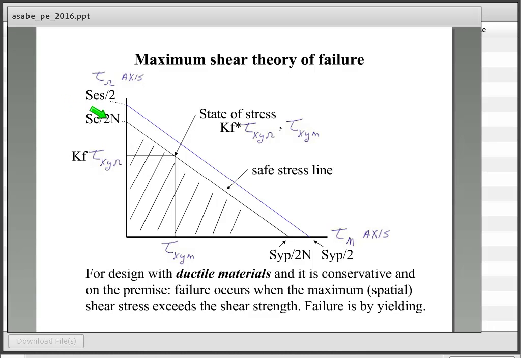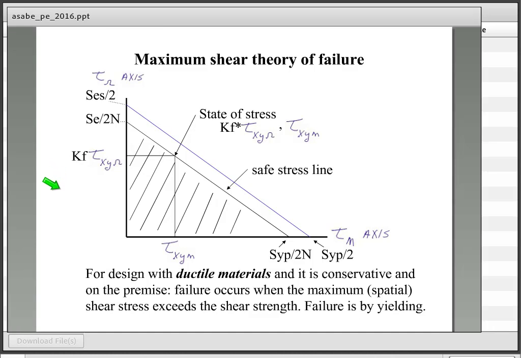And this 2 here is simply indicating that in shear, for steel, for example, the allowable shear stress is about half of what it would be in tensile. You can also go into a machine design book and see a chart that would tell you the yield stress in shear as compared to the yield stress in tension for the various materials. And I think for steel it's around 0.58, somewhere in that neighborhood.